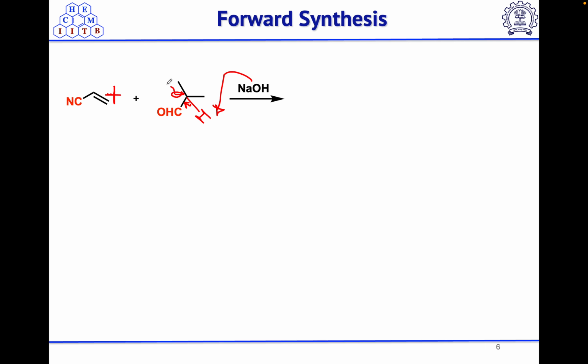So this beta carbon is basically electrophilic. So this carbanion will add to the beta position of this acrylonitrile and it will give some 1,4 addition product, that is called Michael addition product. So first step is 1,4 addition.